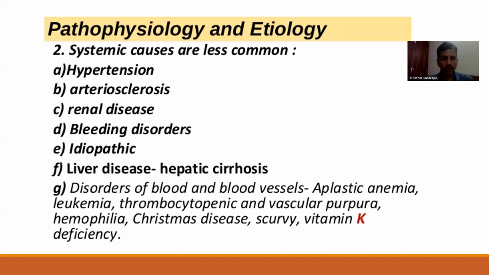Disorders of the blood and blood vessels like aplastic anemia, leukemia, thrombocytopenia, vascular purpura, hemophilia, Christmas disease, and scurvy, vitamin C deficiency, and vitamin K deficiency are also very common systemic causes for epistaxis.